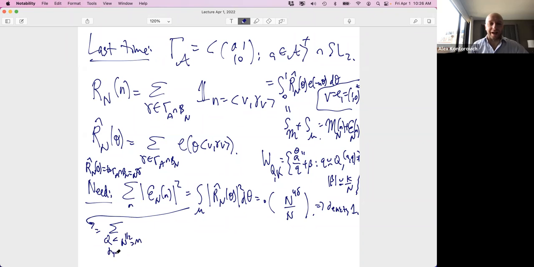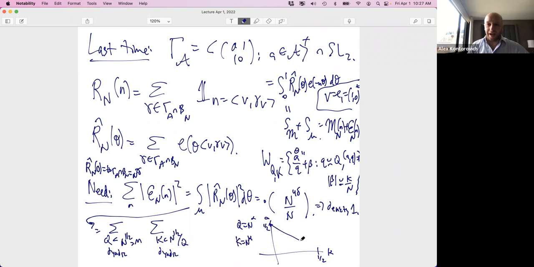So this is a dyadic decomposition of the q's, and then a sum over k less than, again, M over q, also dyadic, where we think of q as being N to the alpha and k as being N to the kappa. Kappa goes up to 1/2, alpha also goes up to 1/2, and alpha plus kappa is at most 1/2.